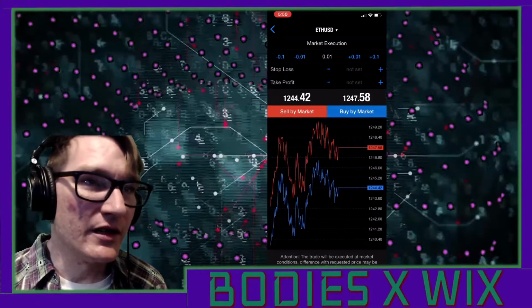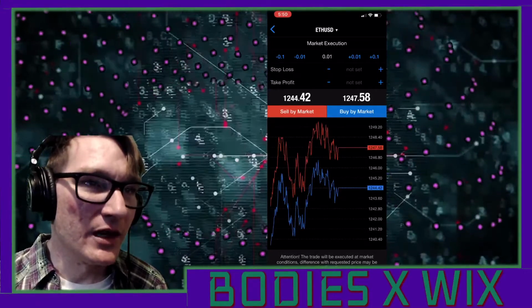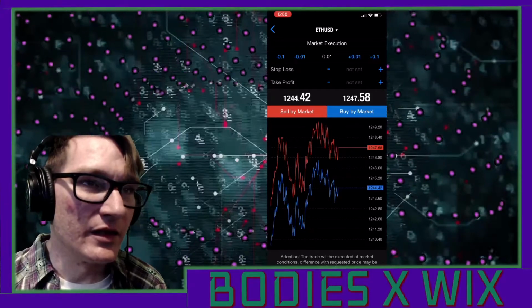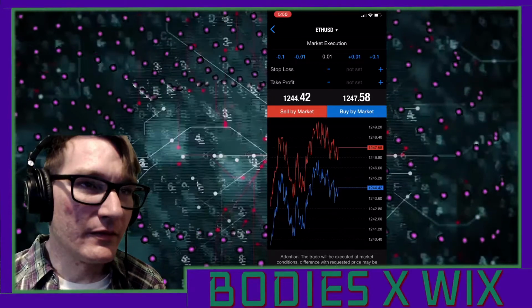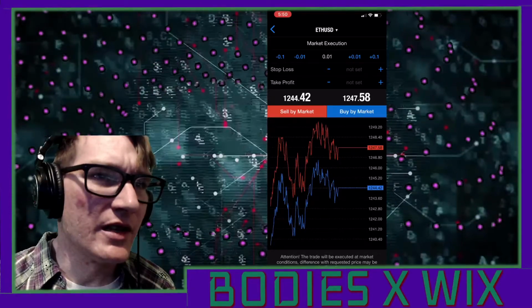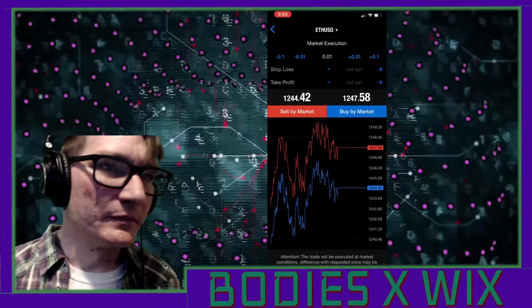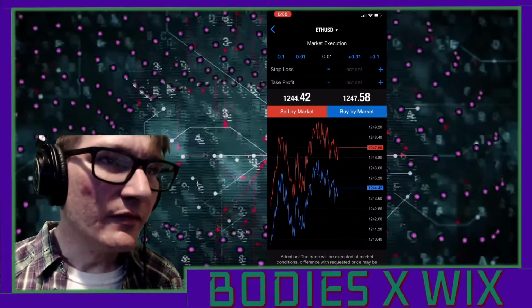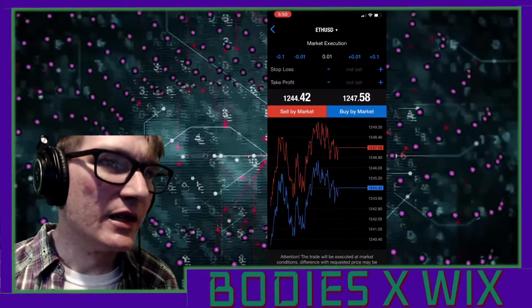Basically if you're gonna sell, it is going to be with the red on the top, right? Actually, for some reason, it's going to be with the blue on the bottom. For some reason it makes no sense. I really don't know why.